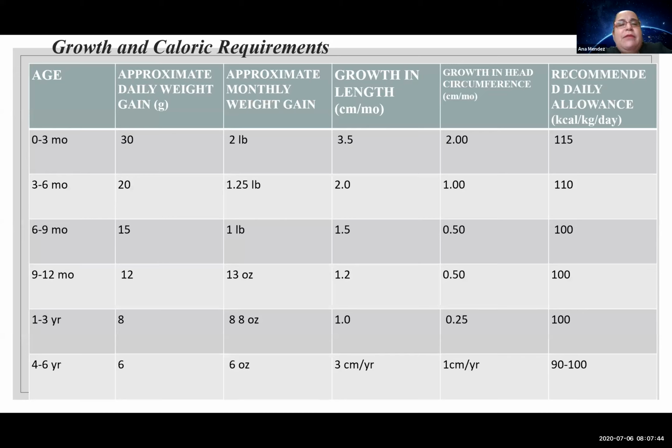So here we have from Nelson's the growth and caloric requirements for children. And as you can see, in the first 3 months of life, they gain around 30 grams per day, and that decreases as they get older. And this is their caloric requirements. You should be familiar with this because these are fair questions on your testing and things that you should know.